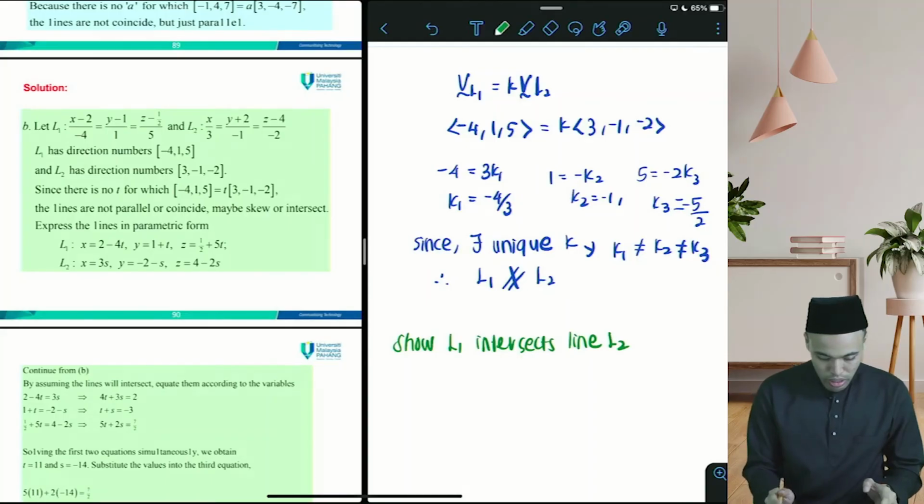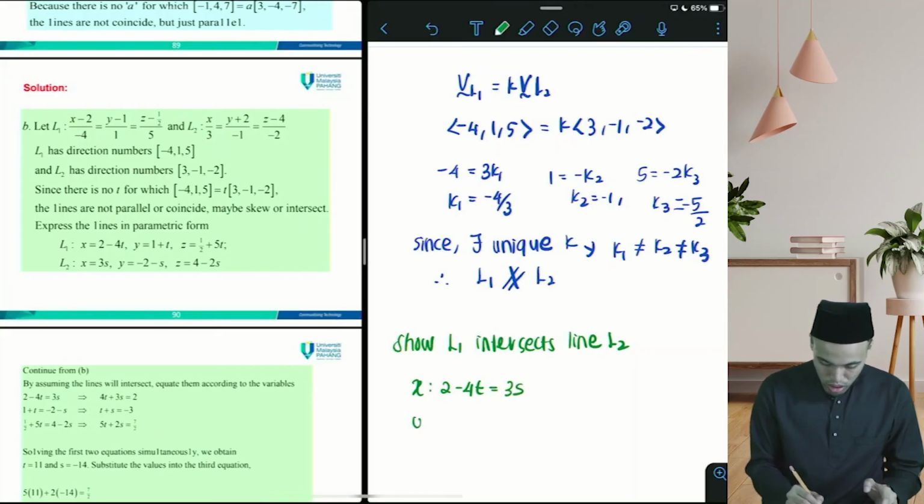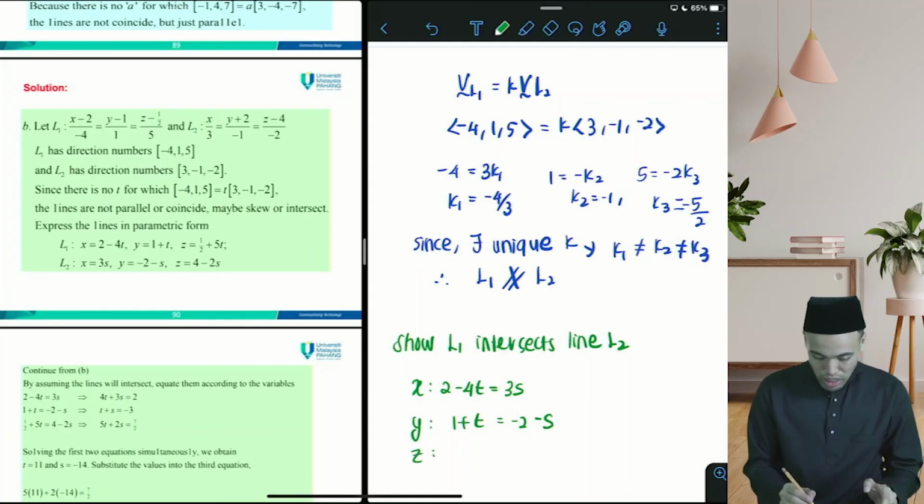So in this case, I will get x consists of 2 negative 4t equal to 3s, y 1 plus t equal to negative 2 minus s, and z is 1 over 2 plus 5t equal to 4 minus 2s.